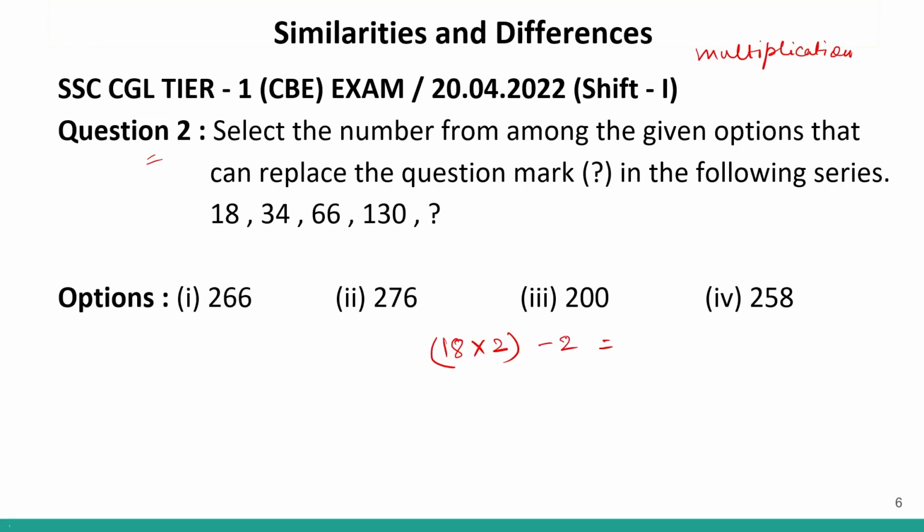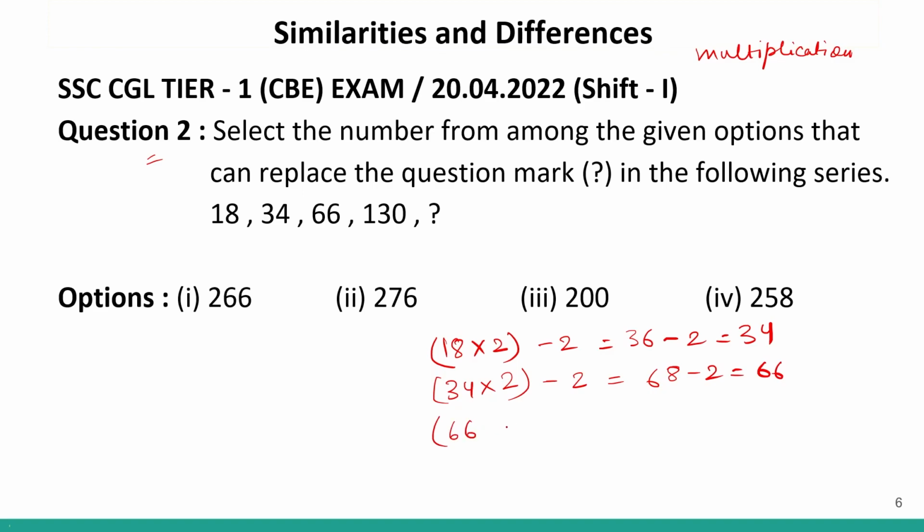Correct? Because 18 into 2 will give me 36, and if I subtract 2 from it, I'll get 34. Similarly, if I multiply 34 by 2 and subtract 2 from it, I'll get 68 minus 2, which is 66.